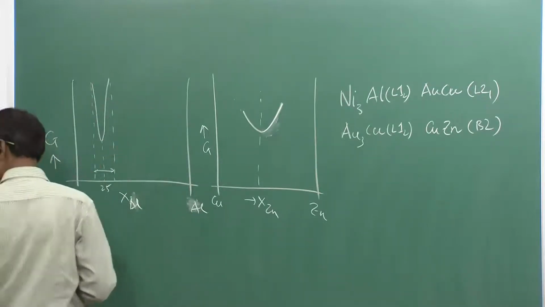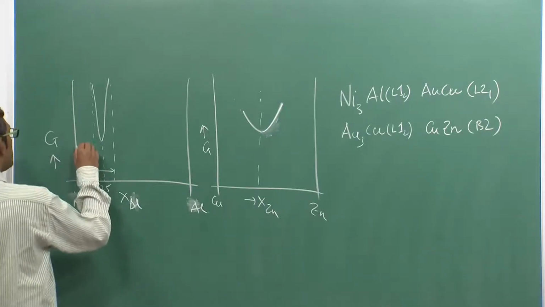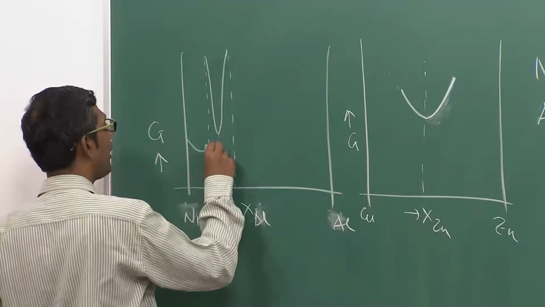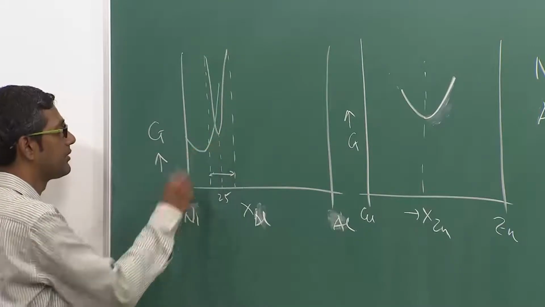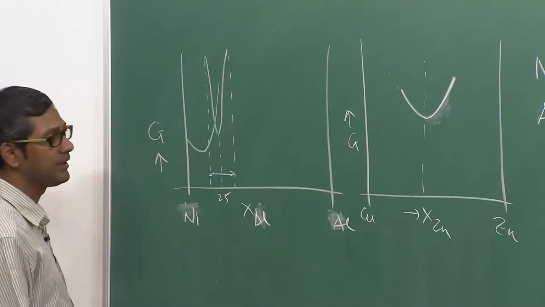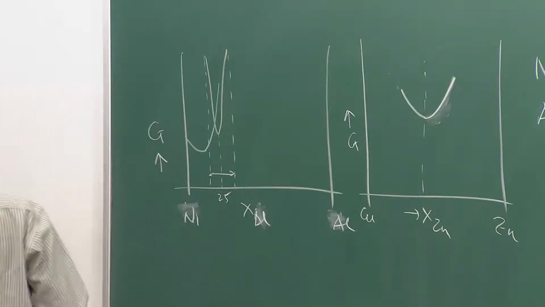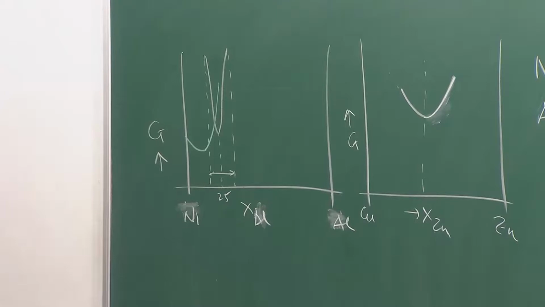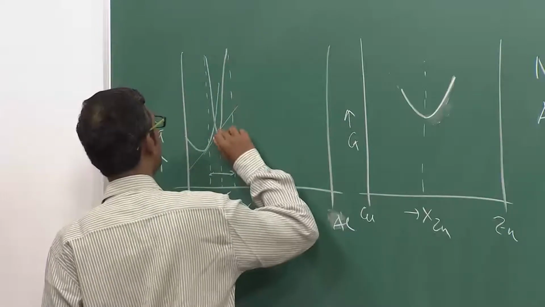If I have to draw it very clearly, then you can see here the FCC solutions which are nickel rich will have much higher positions as compared to these. Now, if I want to find out the stability conditions for that, what should I do? I should draw a common tangent between them, and that common tangent will tell you the solubility or the stability of these phases.